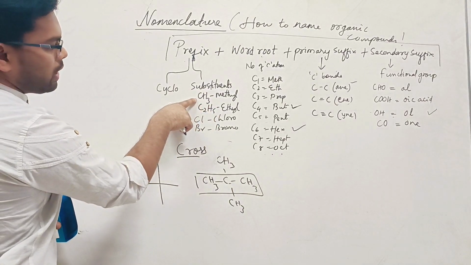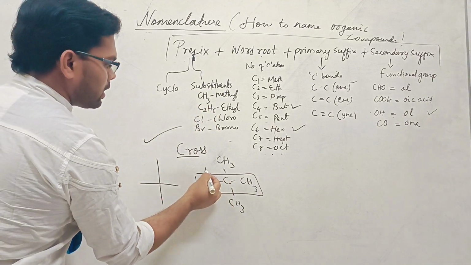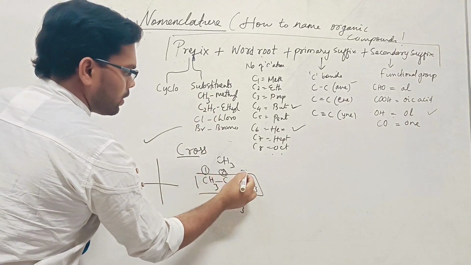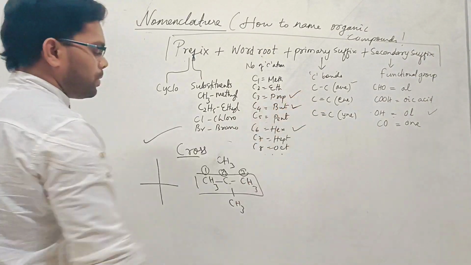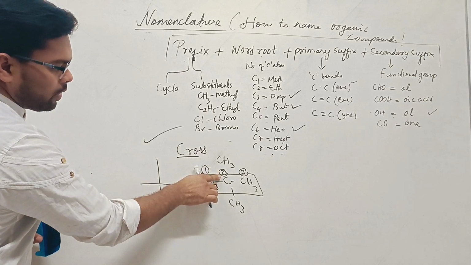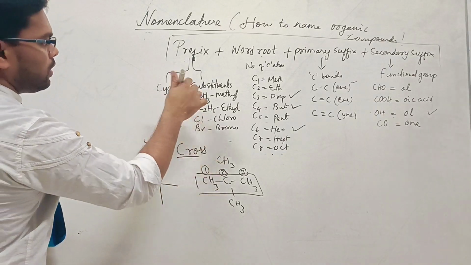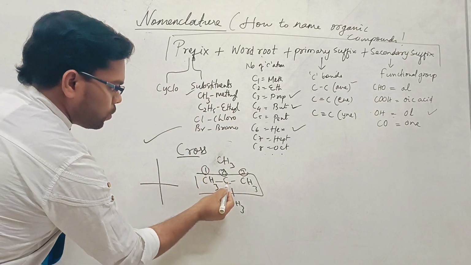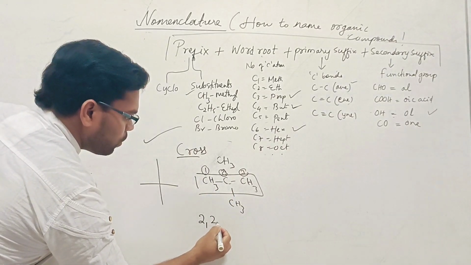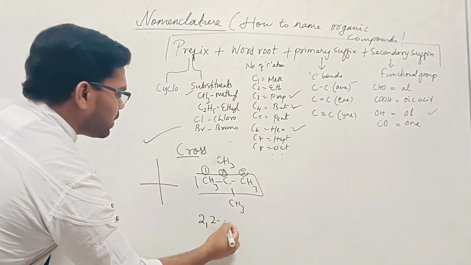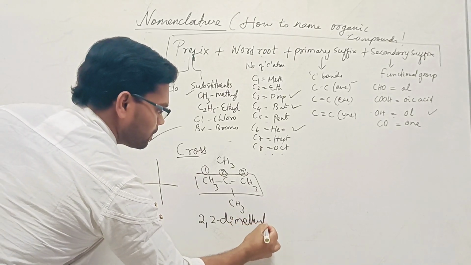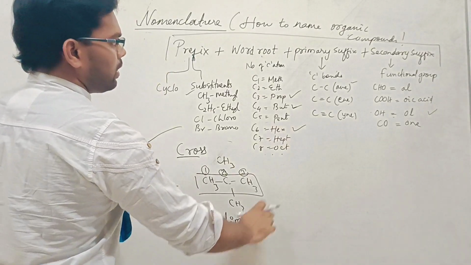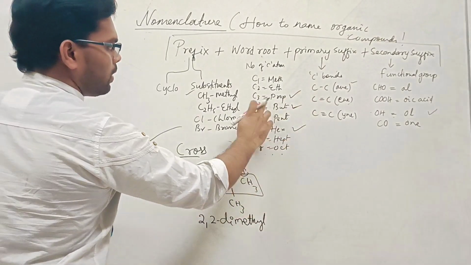Substituent means 2 methyl groups are there. So let's say this is first carbon, second carbon, and third carbon. Total number of carbon atoms actually 3. 3 means prop. But on the second carbon atom there are 2 methyl groups. So you just write first the substituent, 2,2-dimethyl. So 2 methyl groups are there.